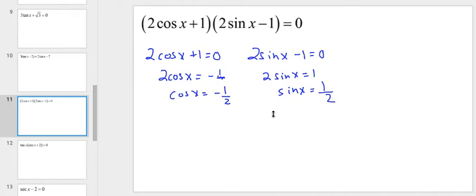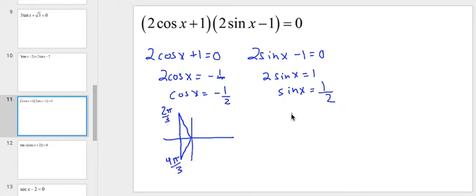And so let's think about in the unit circle, what is cosine x positive a half? That would happen at a pi over 3 angle. But to get negative a half, we'll have to be in the second quadrant or the third quadrant. And these two angles are 2 pi over 3 and 4 pi over 3.